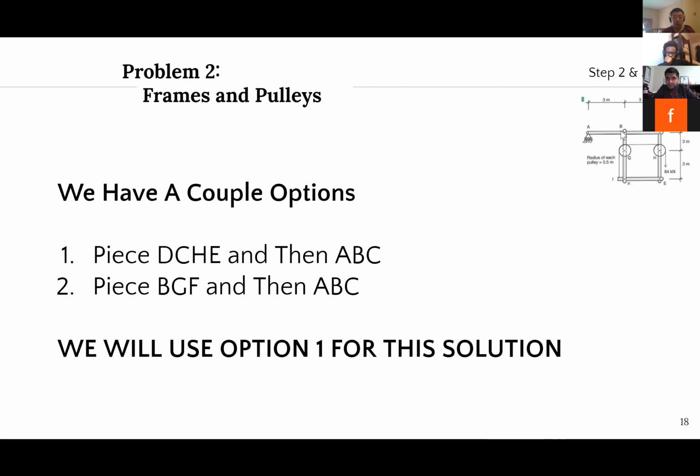We could find forces at B and then go to ABC and then find forces at C. Or with DCHE, we could find forces at C and then move on to get forces at B. We're going to follow one option for the solution, but keep in mind there are multiple approaches to solving this type of problem, especially once you take apart the frame and analyze what you're solving for.